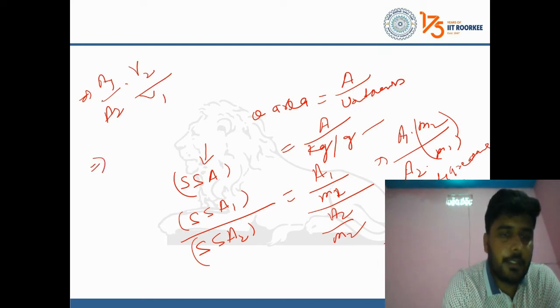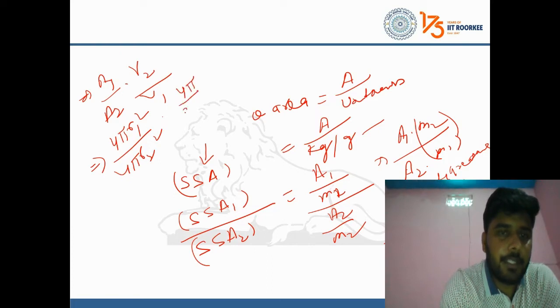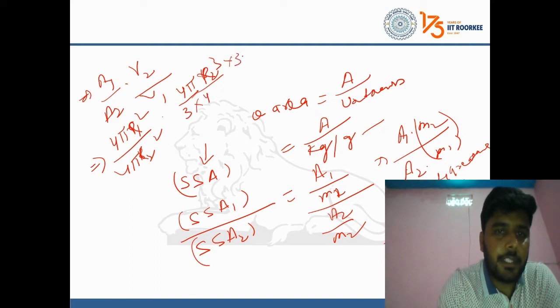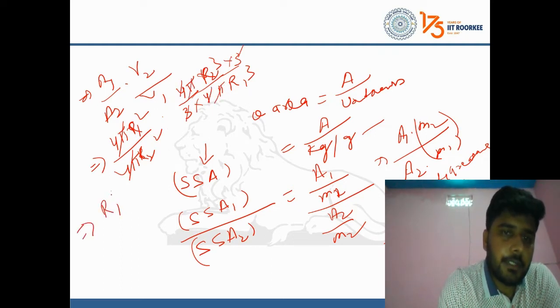Okay, so this will be 4 pi R1 square, 4 pi R2 square, and V2 is equal to 4 pi by 3 pi R2 cube. Sorry, this is capital R, and similarly 4 by 3 pi R1 cube. Okay, so these terms will be cancelled out. Okay, that will be R1 square into R2 cube divided by R2 square into R1 cube.